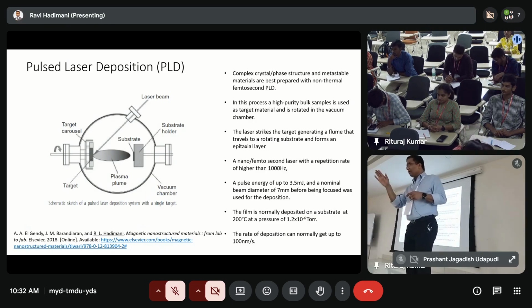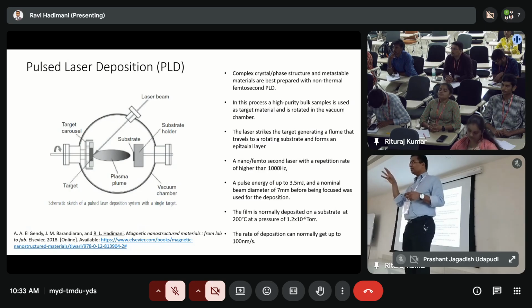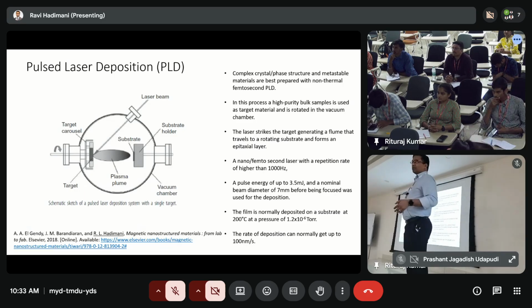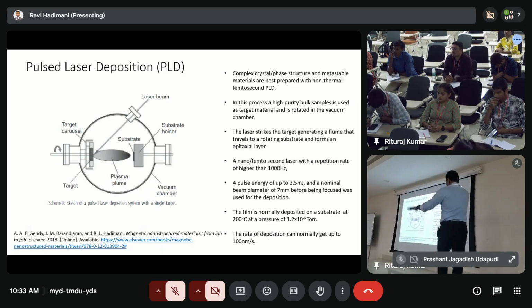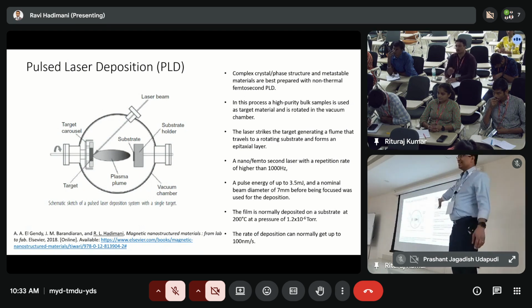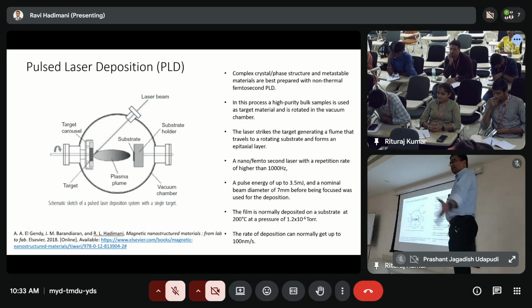If you heat, remember this complex five-element compound will change its phase, right? You want to retain the phase, so you want a low temperature deposition. Femtosecond laser is the choice. So it's a lot of physics, but that's physical vapor deposition, and we make use of cool physics phenomena to get what we want.